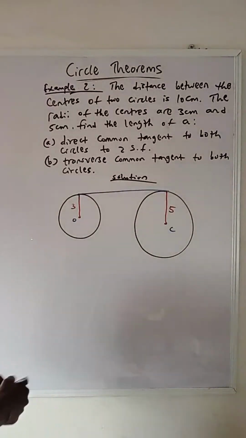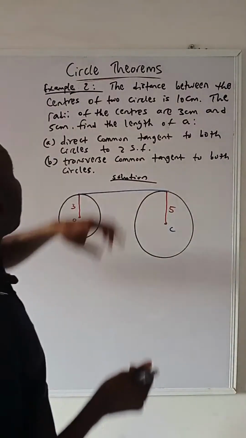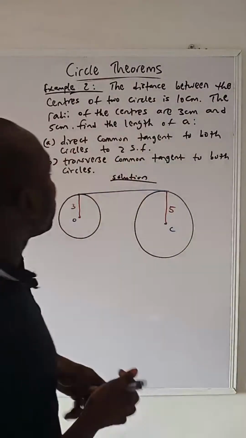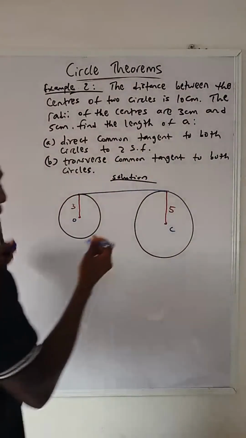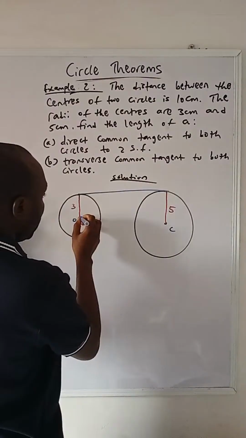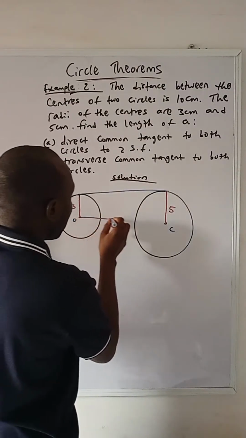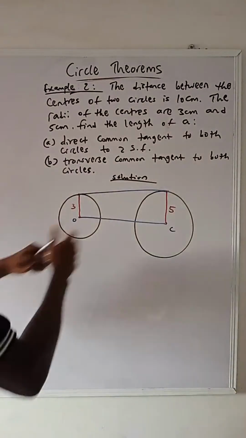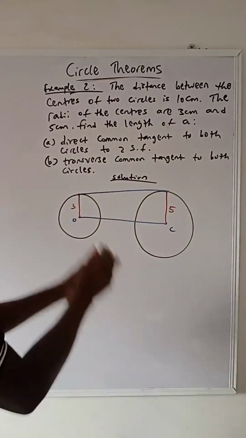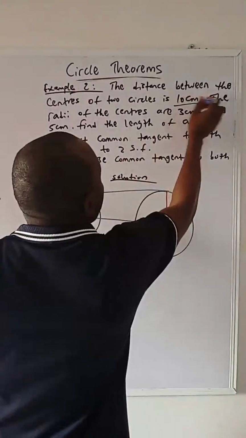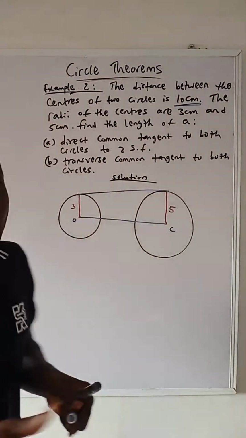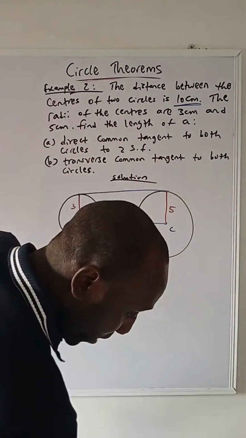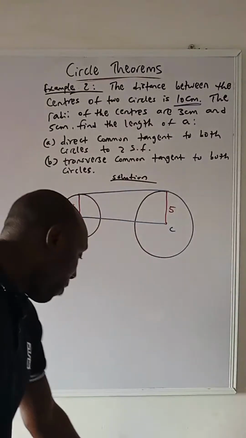Now, that's not all. They gave us the distance between the centers of the two circles. So from here to here. This is the distance between the two circles. And the distance is 10 centimeters. Now, I want us to start first using that formula that I gave you before. Hope you still remember the formula.